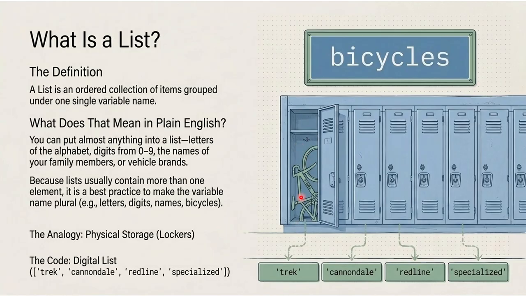So Trek is stored at position 0, Cannondale is stored at position 1, and Redline is stored at position 2. So if I ask which index number will be used to find Redline, it will be 2.